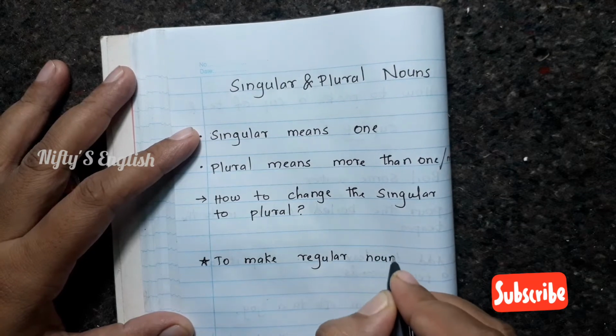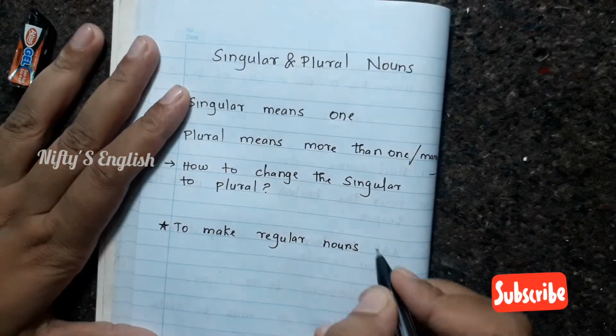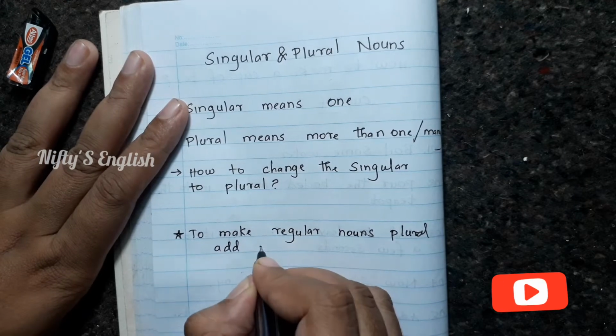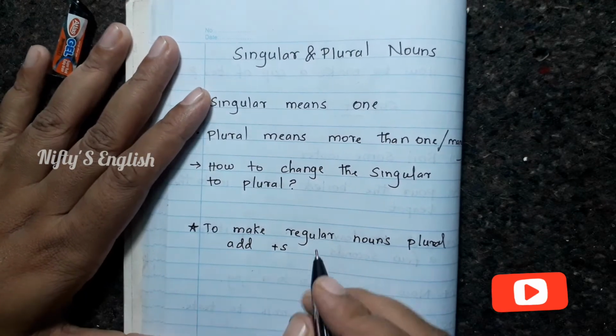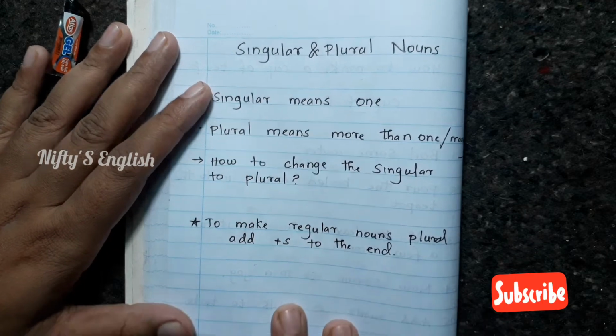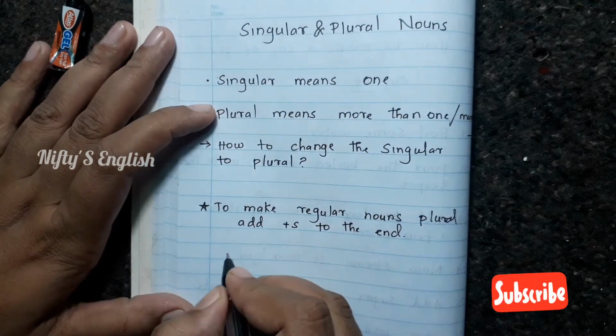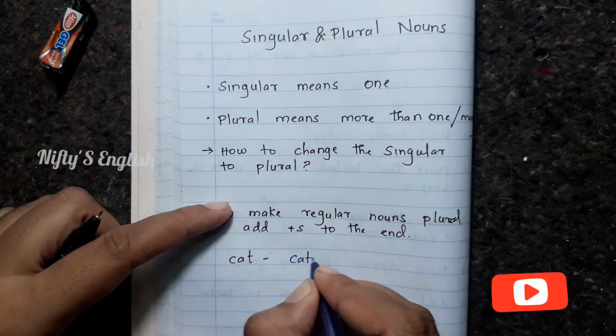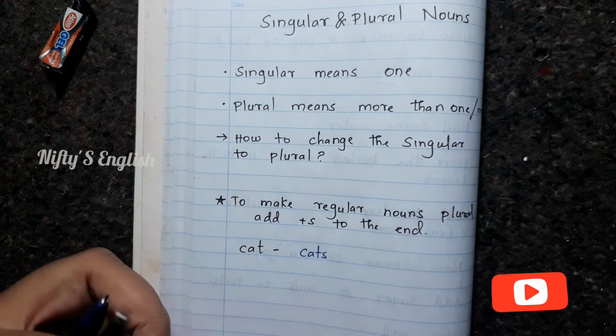It's very basic. For example, cat, cats. Cat is singular, cats is plural.